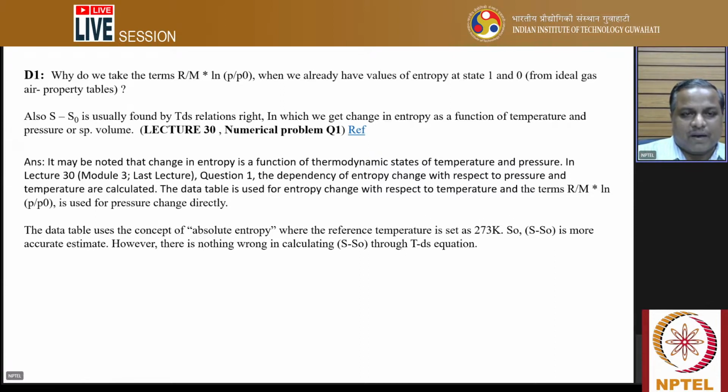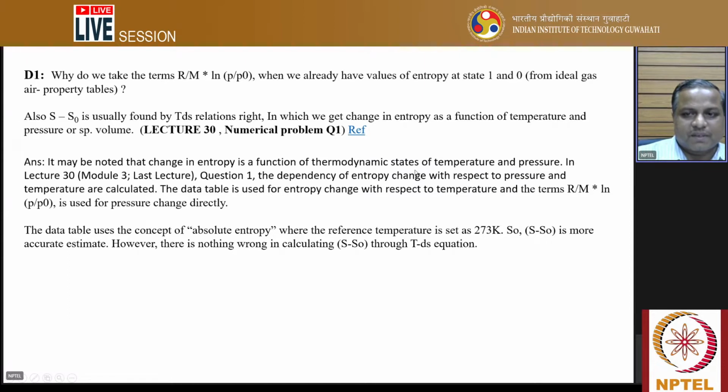And we are insisting on this absolute entropy because this is more accurate than this conventional method of calculation of entropy.